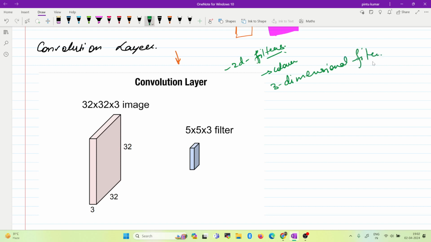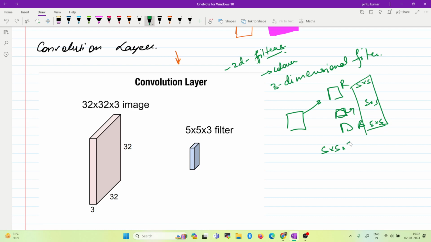For example, if this was your image, it had R, G, and B, right? If I want to apply, let's say, a 5 cross 5 filter, then I'll have a separate 5 cross 5 for here, 5 cross 5 for here, 5 cross 5 for here. And if we write it together, this would be a tensor of size 5 cross 5 cross 3.